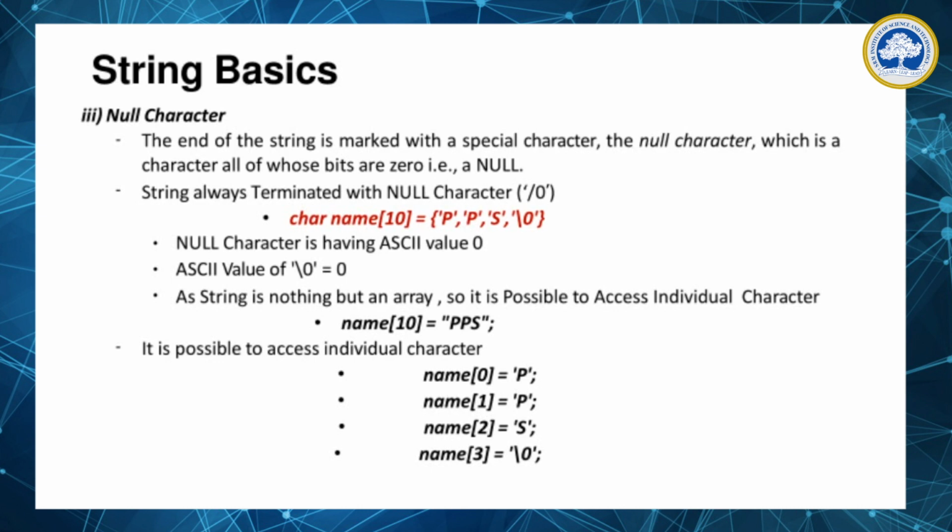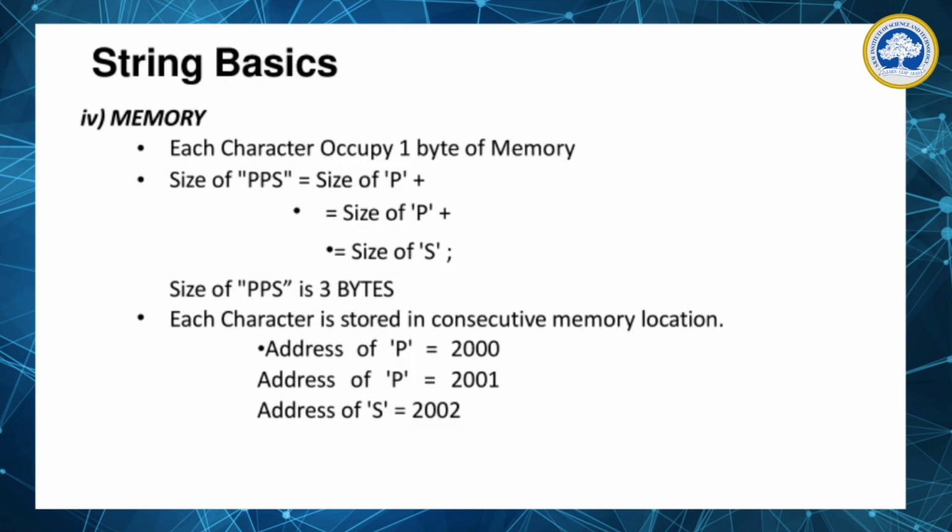Next, I move on to memory. Here each character occupies 1 byte of memory. Let's consider PPS: the size of the first P, the size of the second P, and the size of S, so each and every character occupies 1 byte. There are 3 characters, so it requires 3 bytes in total. PPS will utilize 3 bytes of memory.